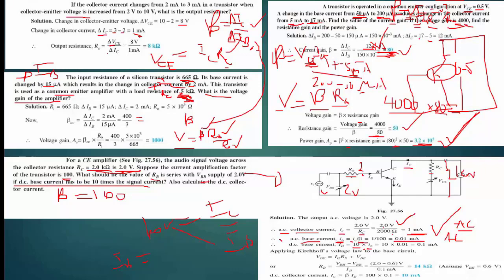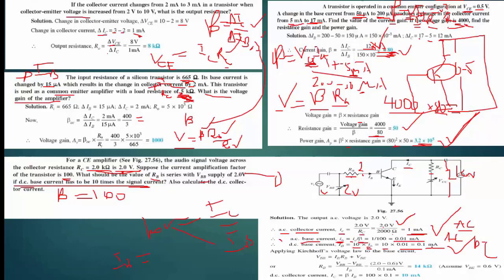So it should be 10 times the signal strength, it means IB iwe 10 times corresponding AC current inayoingia kwenye circuit. So 10 times that tunapata 0.1 milliamperes, ambayo inakuwa sasa ni DC. Sawa? Hii inakuwa ni DC. Kwa sababu sasa DC base current ni 10 times the AC base current. Okay?